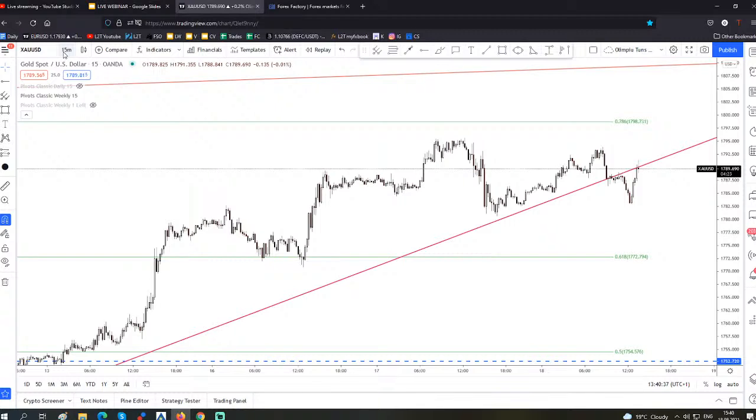And here on gold, guys, I believe that the price of gold has developed something like a triangle chart pattern in the short term.